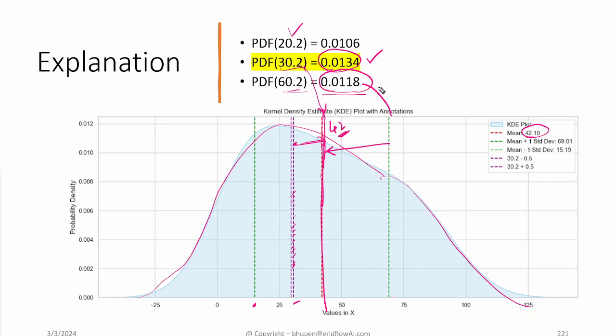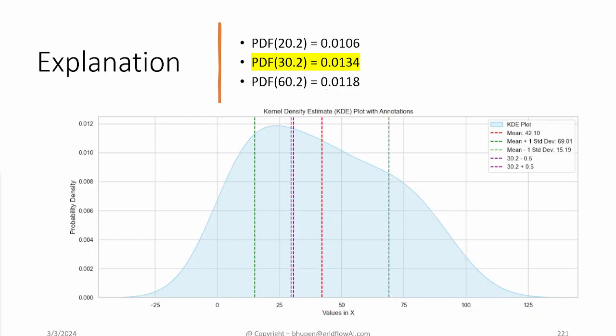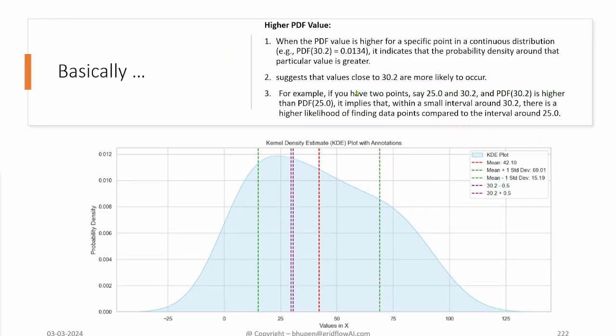That means the likelihood of this column taking a value close to 30.2 is higher than the likelihood that it will take the value 60.2. So this is the insight behind how we use these probability densities to do analysis.